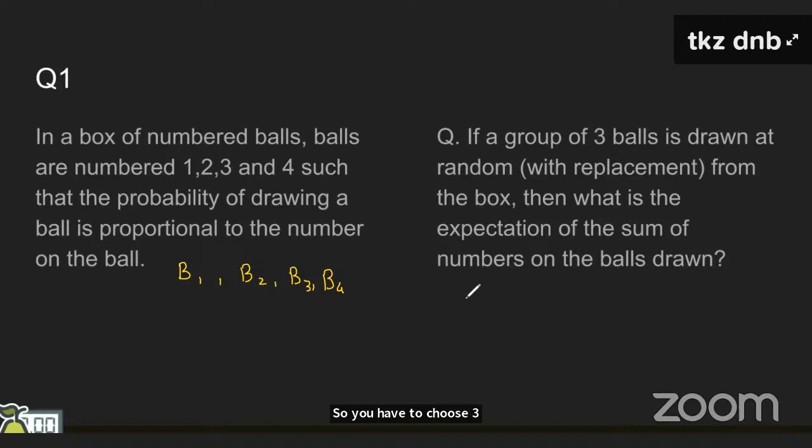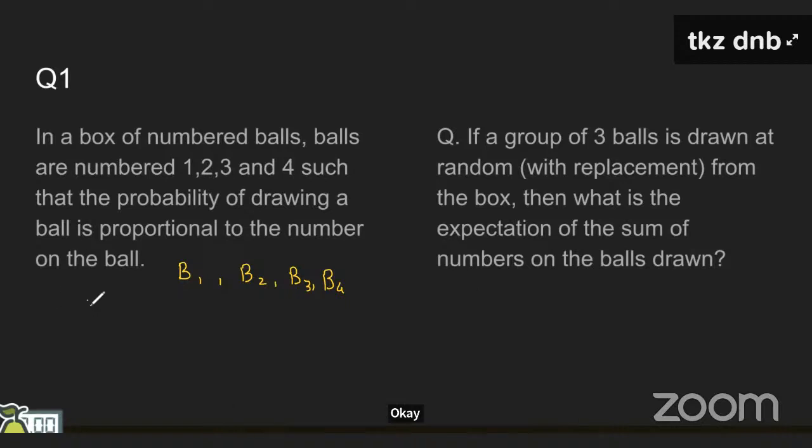These 3 balls will have numbers on them, and you can sum those numbers. The question is asking what is the expected sum of numbers on the balls if you pick 3 balls.